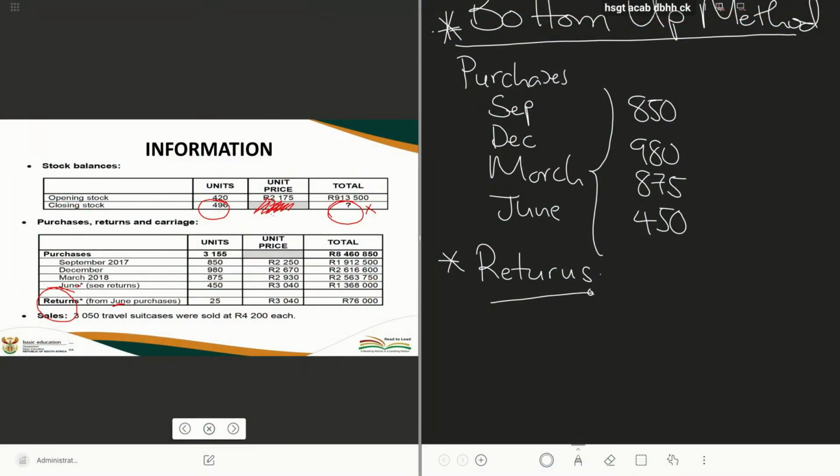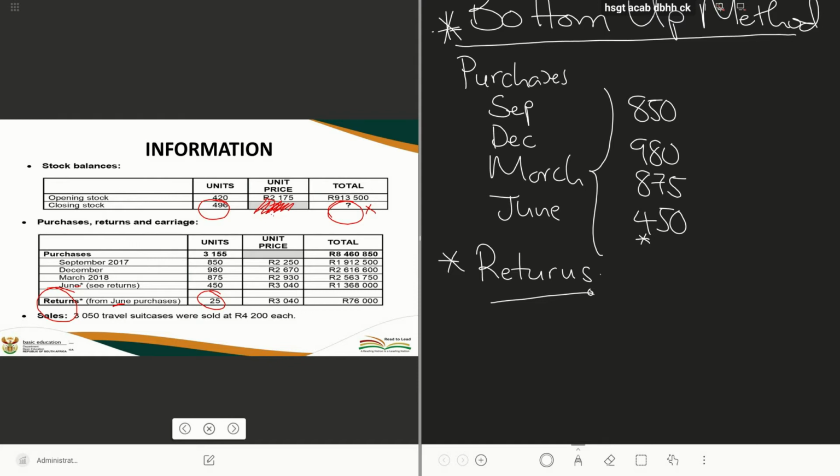They say the purchases that we made in June, we have returned 25 units. To whom were they returned? Definitely the supplier. It therefore means here we do not have 450 anymore, because 25 units have been returned.